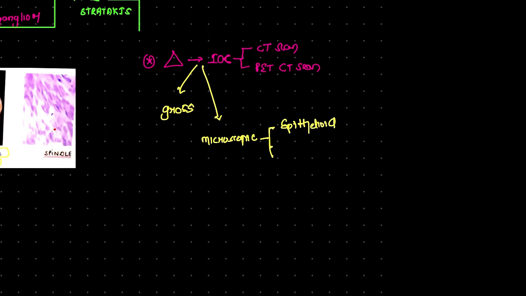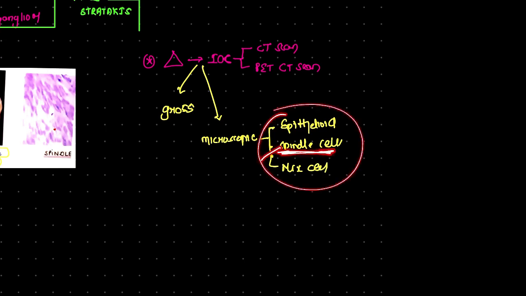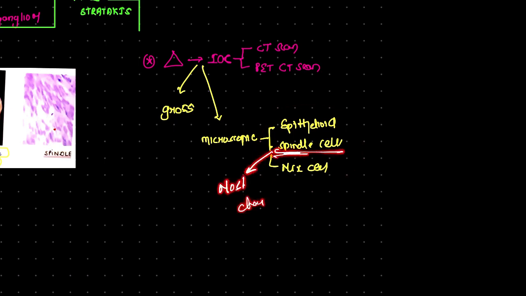Another is spindle cells. And another is a mixture of both epithelioid and spindle cells, mixed cells. Among these three, the spindle cells are the most characteristic finding, so we'll focus on spindle cells.